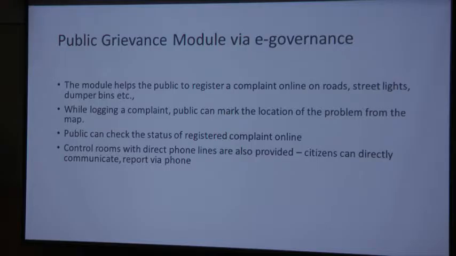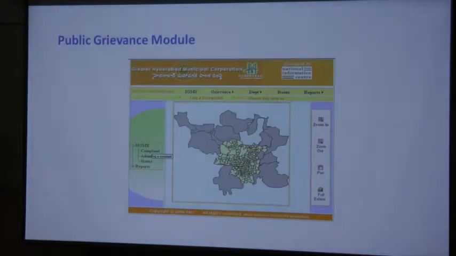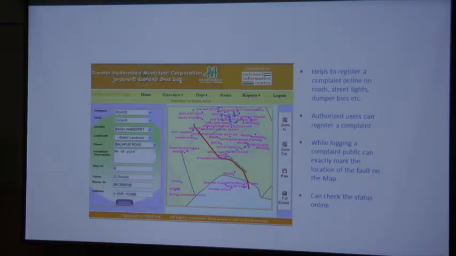It's actually connected to a map. But there's also a control room with direct lines. So we have this really nice public grievance module here. I think the system looks really nice, and the mapping component to it is a very good application.